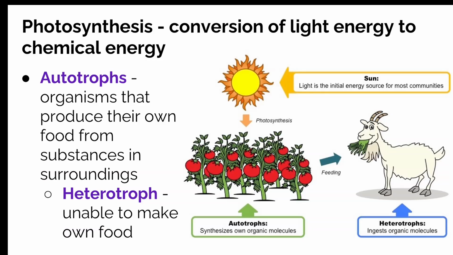Now, remember from regular bio that photosynthesis is the conversion of light energy to chemical energy. That light energy can be from the sun. It could also be from a grow light. A lot of people who want to start a garden in Minnesota typically have to start their garden indoors, probably around April.